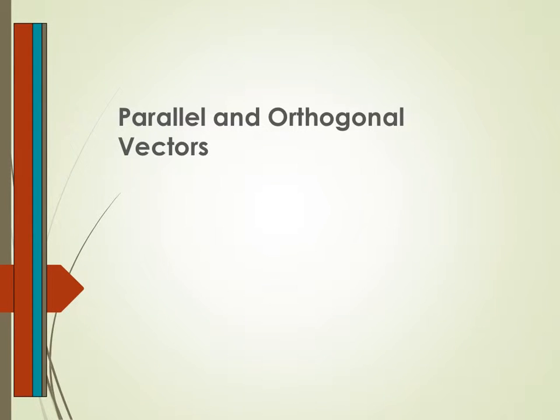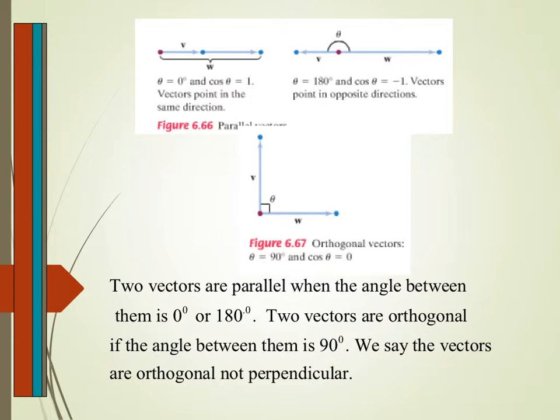And we also talked about parallel and orthogonal vectors, but more specifically, when two vectors are parallel, the angle between them is going to be 0 or 180 degrees. And two vectors are orthogonal if the angle between them is 90 degrees and their dot product specifically is 0.